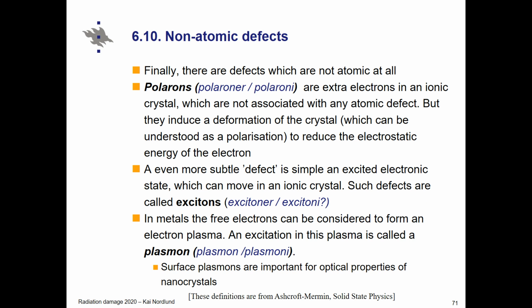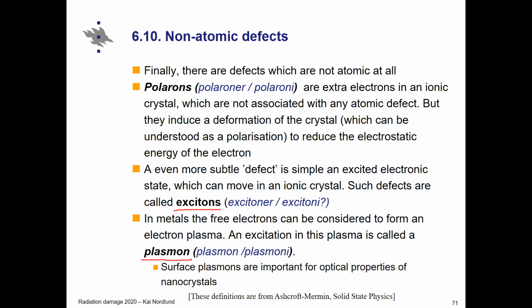And also one can have an excited electronic state which can move in an ionic crystal in the conduction band, and these are called excitons, which are then really moving in the crystal. And also in metals, free electrons in a higher energy state than usual can be considered to form an electronic plasma state, and this is known as a plasmon.